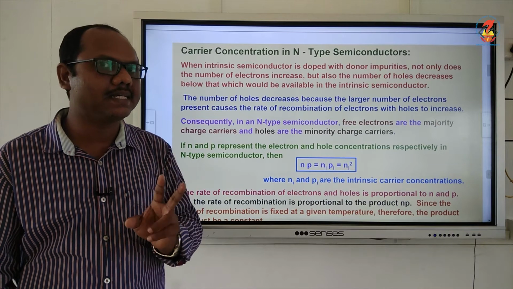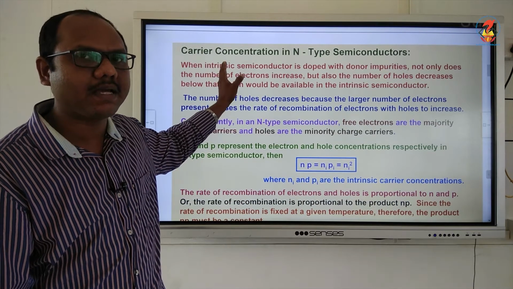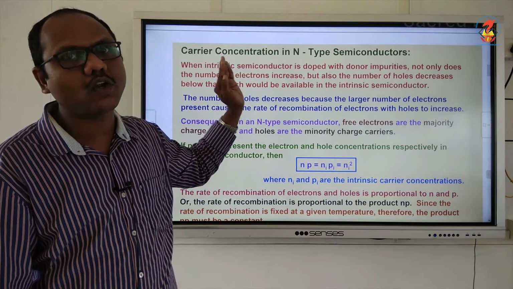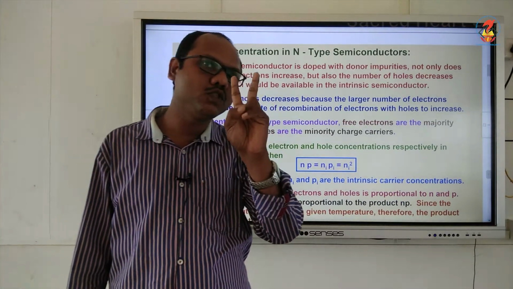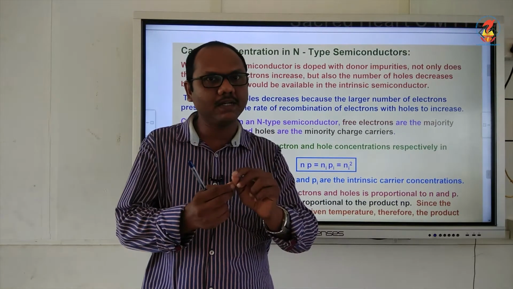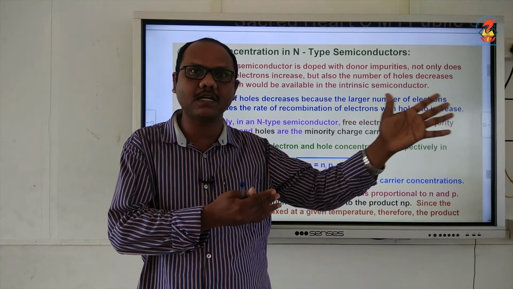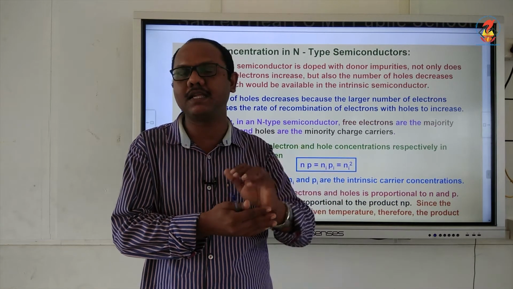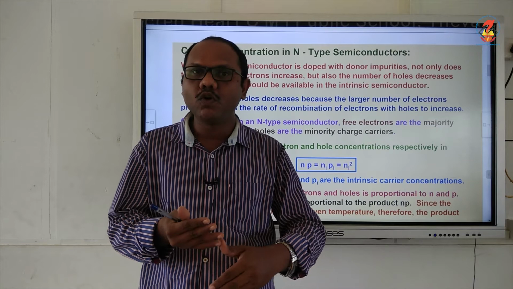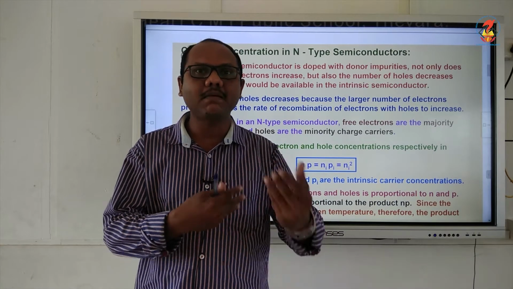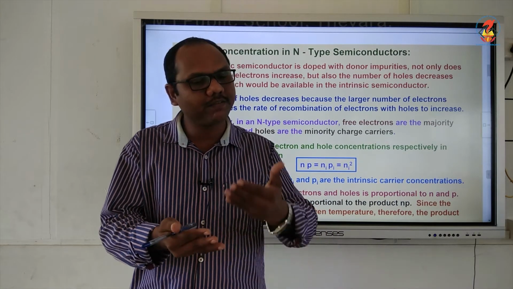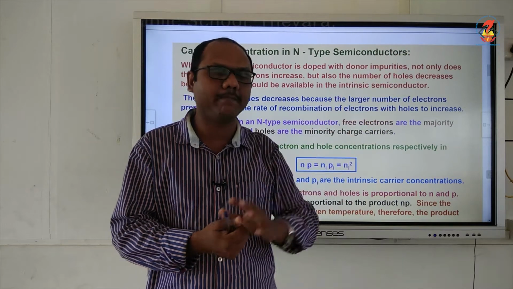So, I can say like this: in n-type semiconductor, the electrons are formed by two ways. The first one is by doping, many electrons are formed, that is lying in the donor energy level. Number two, by thermal agitation, some more electrons are formed, that is moving from valence band to conduction band directly.